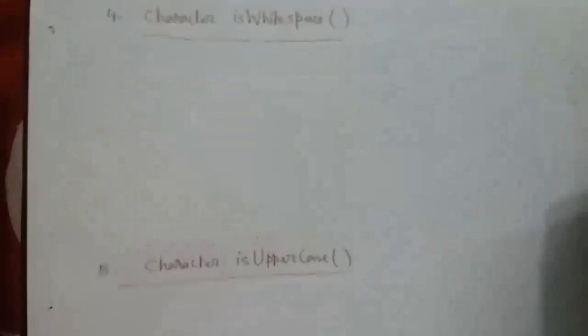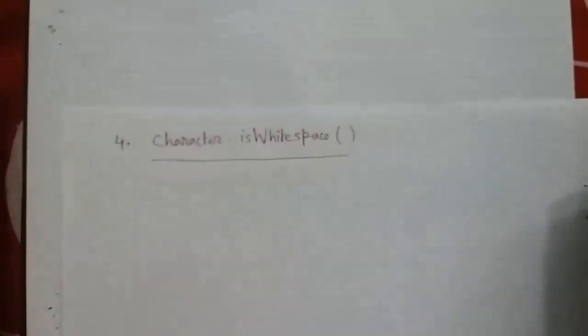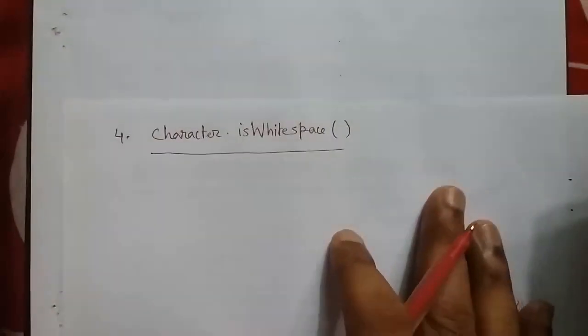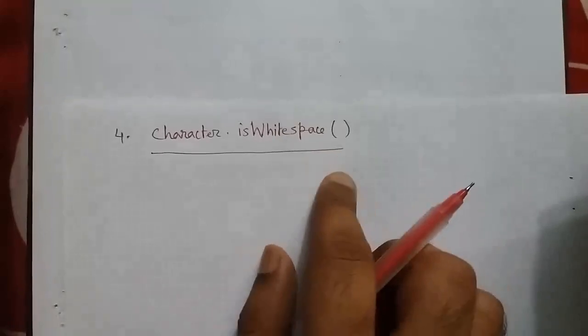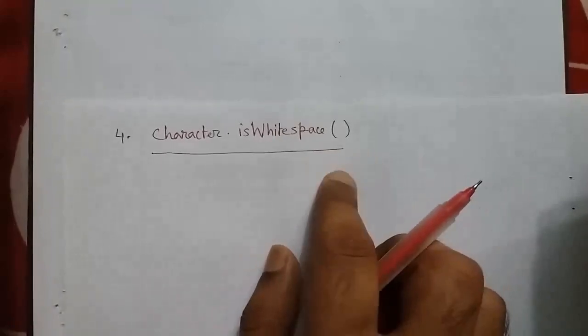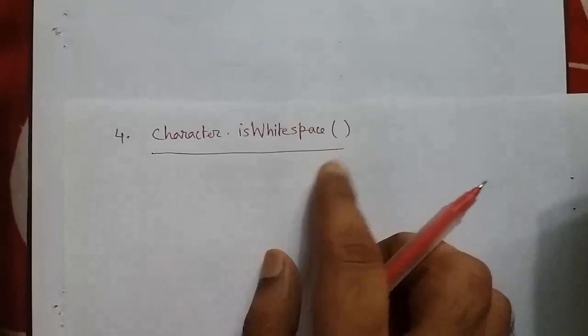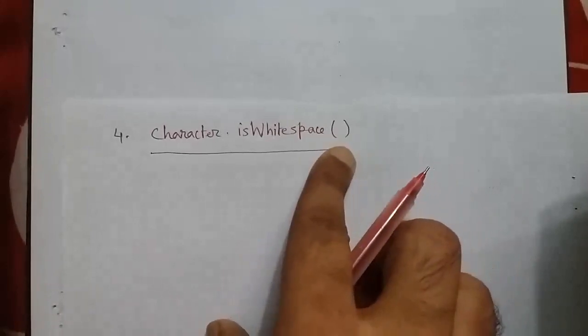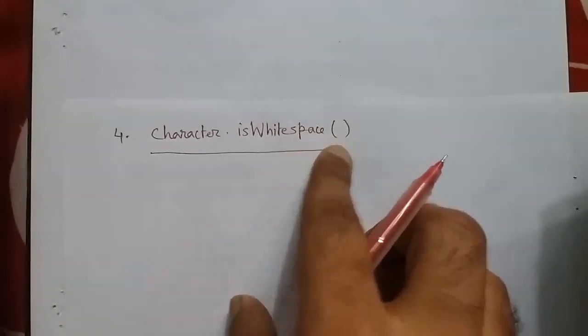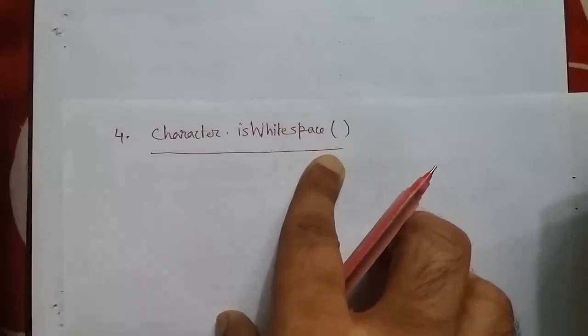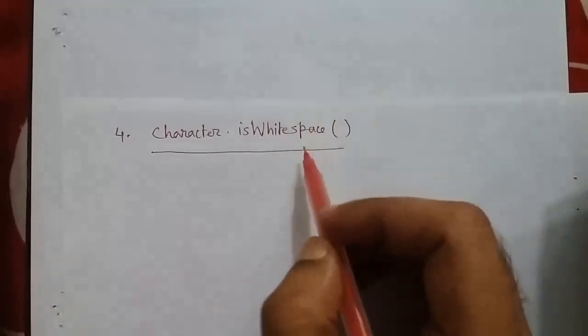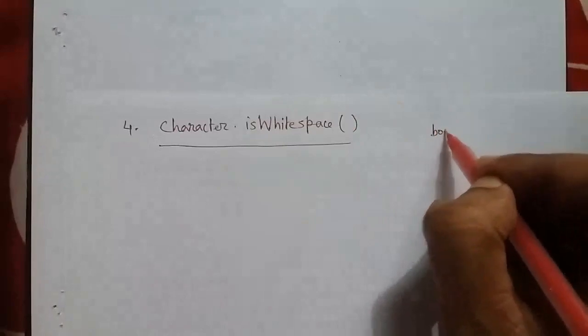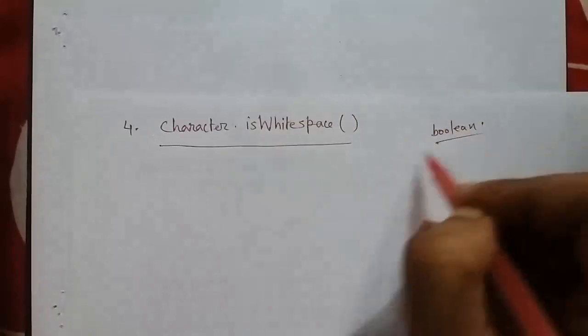Our next method is Character.isWhitespace. So Character.isWhitespace is used to check whether an argument is a white space or not. Okay, and return data type is Boolean.